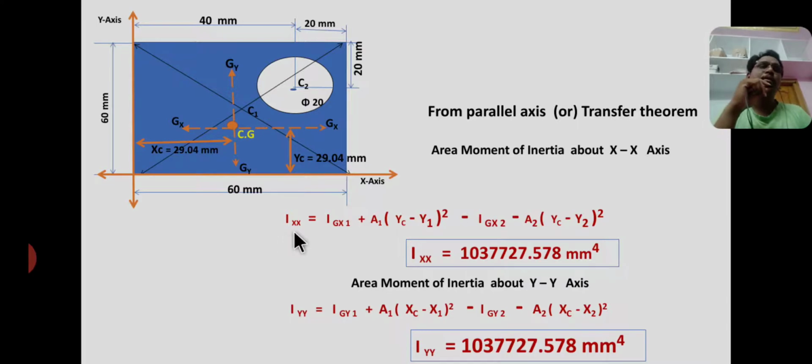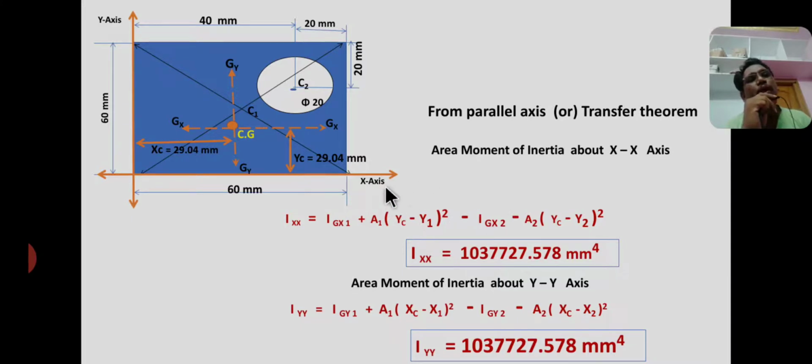Already in previous slides we have explained the parallel axis theorem. The gx and xx axes are parallel to each other. Similarly, the gy axis and y axis are parallel to each other. Therefore I consider the parallel axis theorem. Area moment of inertia about the x axis is equal to Igx1 plus area 1 into (yc minus y1) whole square for section 1, that is a solid rectangle.